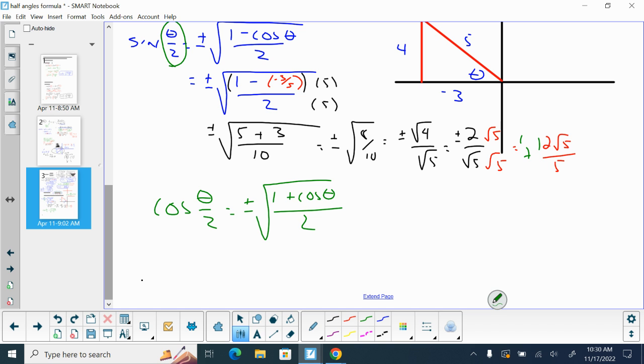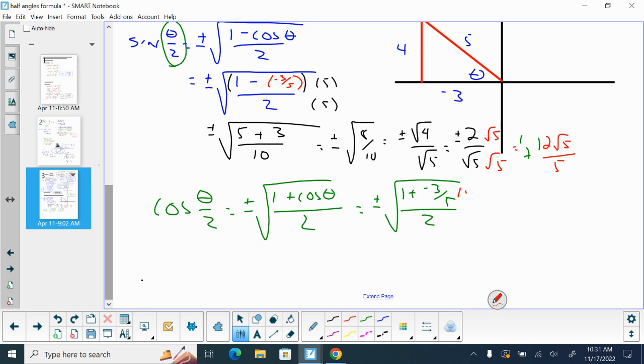So sub it in. If you look at the previous problem, all it's going to change is this plus sign right here turns into minus. So this is going to be 5 minus 3 divided by 2.